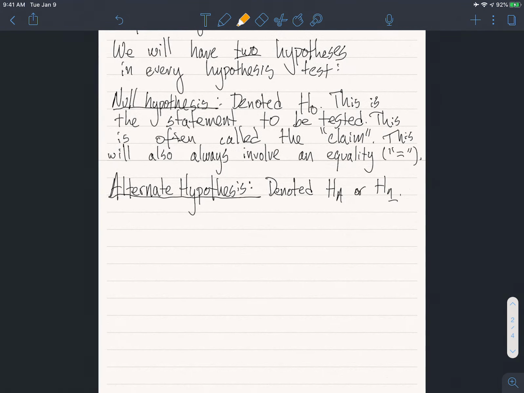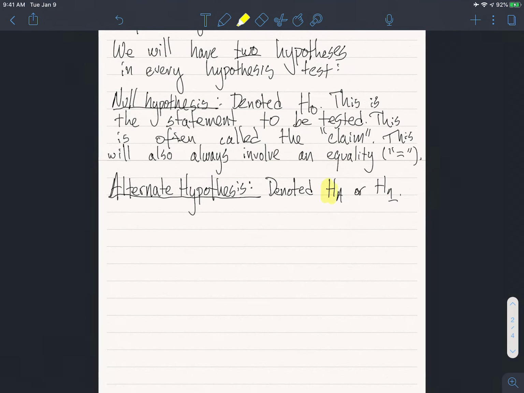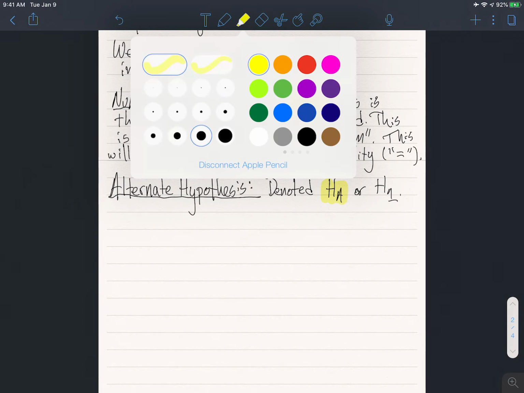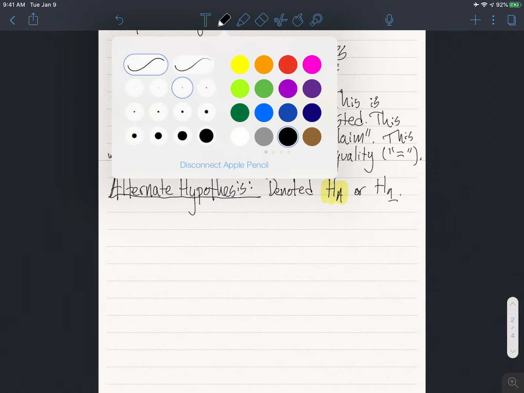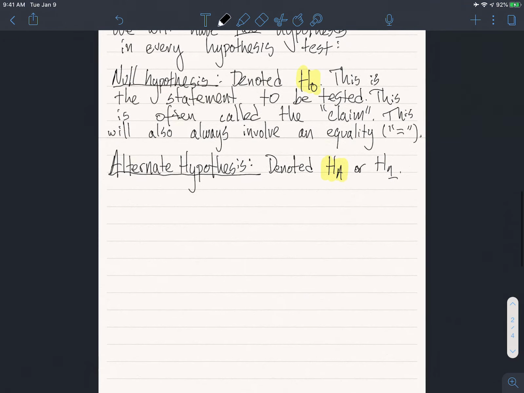I'm partial, I guess, because this is the way I learned it. I learned hypothesis testing with an HA and an H0. The book, for some reason, uses the H1 notation. Yeah, they call it H1. So either one is fine. I like HA because, I don't know, it stands for alternate.